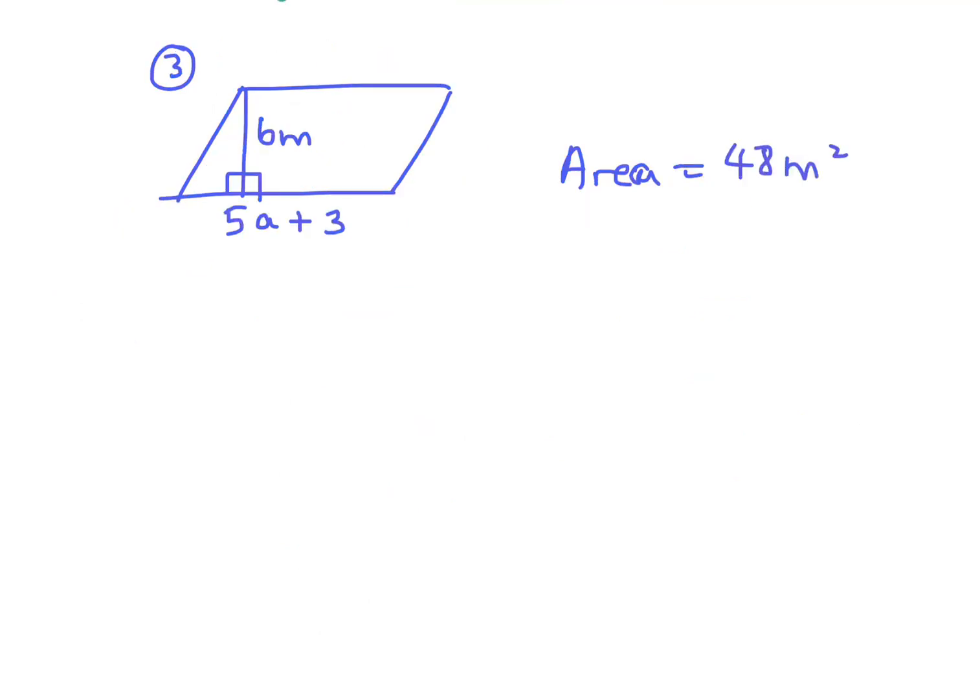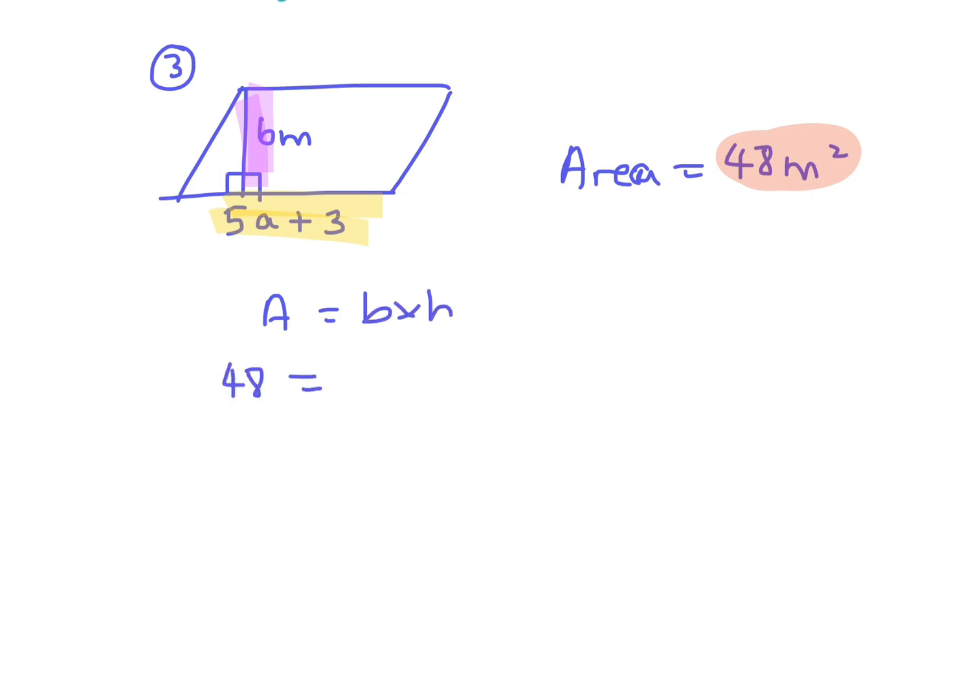Okay, so with this one here, the area is equal to 48 meters squared. This is a parallelogram, so the height is 6 and the base is 5a plus 3. Okay, so looking at this then, if I want to find the area, it would be base times height.